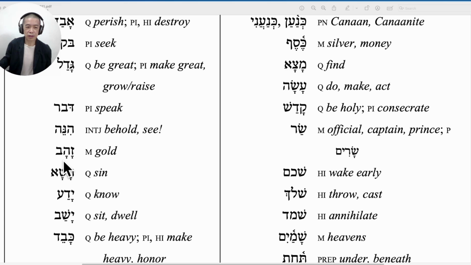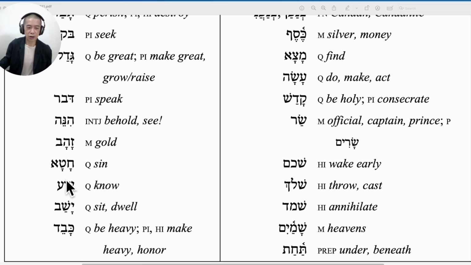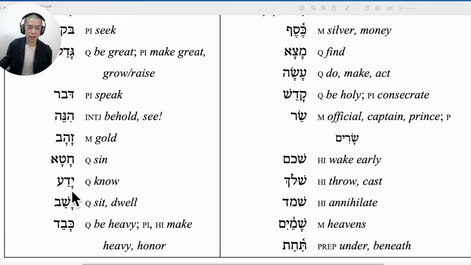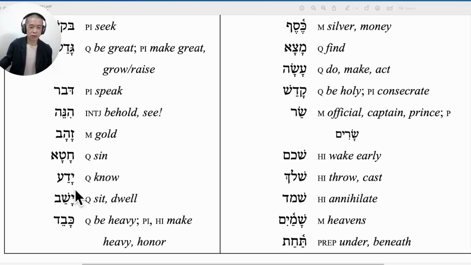The next word is sin. In Hebrew, it's pronounced as hata. The next word is know. In Hebrew, it is pronounced as yada. The next word means sit, dwell.